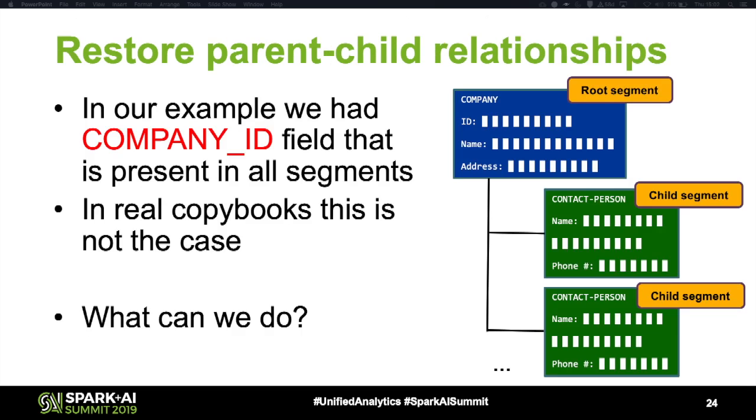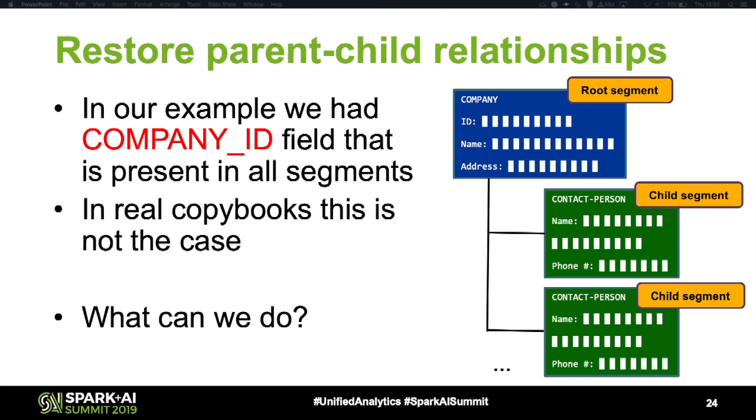But you would probably ask me that my example was kind of biased, because it had a company ID field, which allows us to join those segments and combine them into one big table. Usually, hierarchical databases do not contain such fields, because hierarchical databases maintain the parent-child relationship automatically and don't need auxiliary fields to do joining.